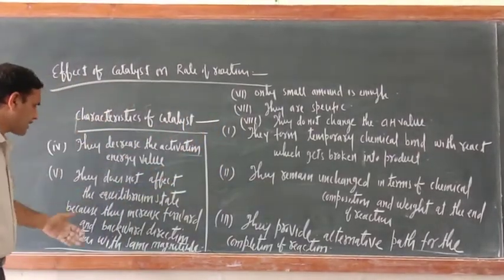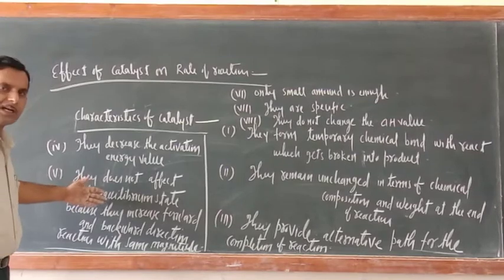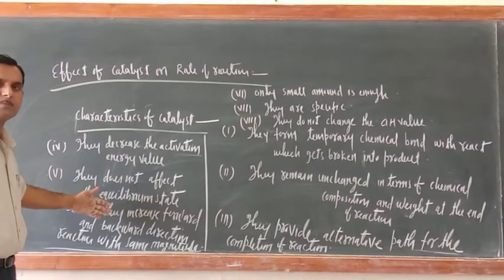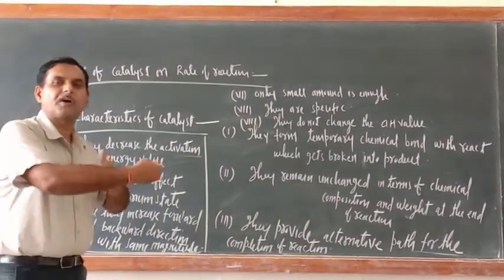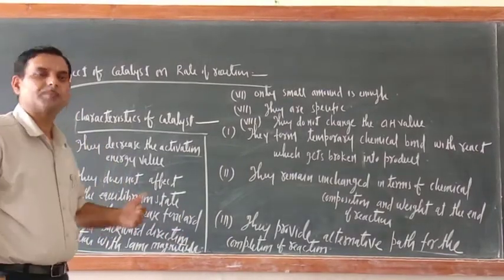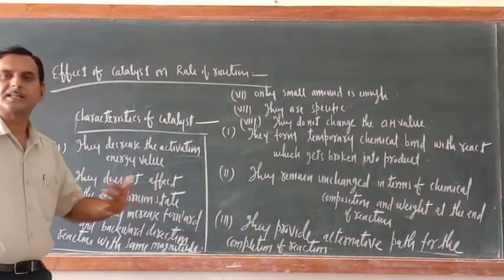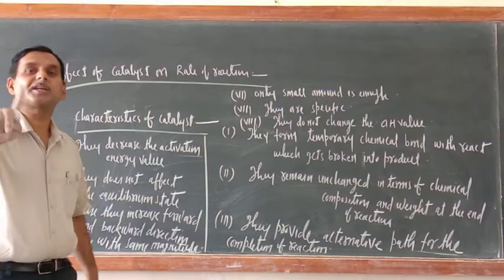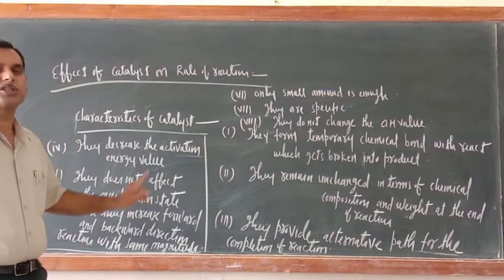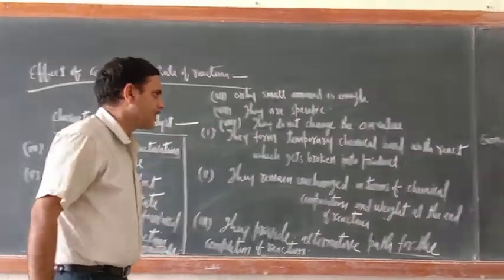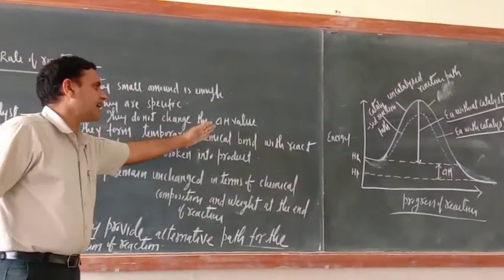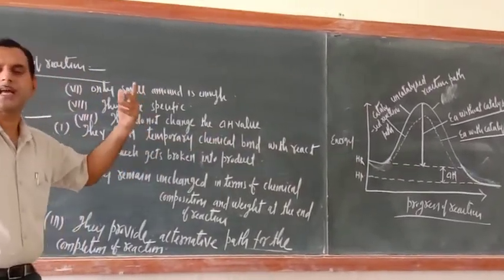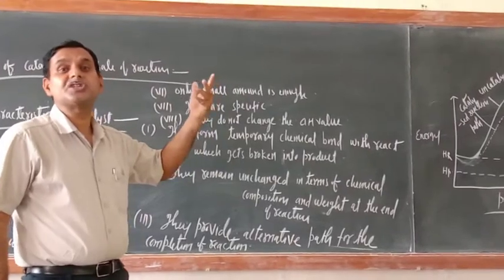One more important thing: they do not affect the equilibrium state because they increase the forward and backward direction reaction with the same magnitude. That is why they help in the fast attainment of equilibrium, but they do not change the equilibrium state. And they do not change the delta H value also. What is the delta H value? The overall enthalpy change.